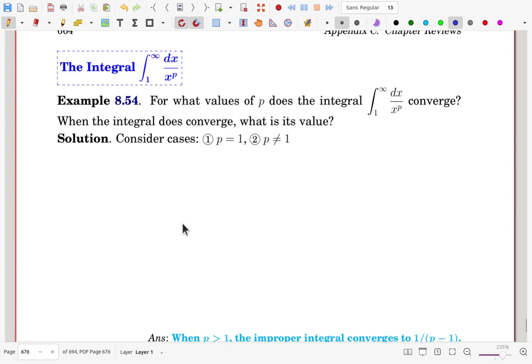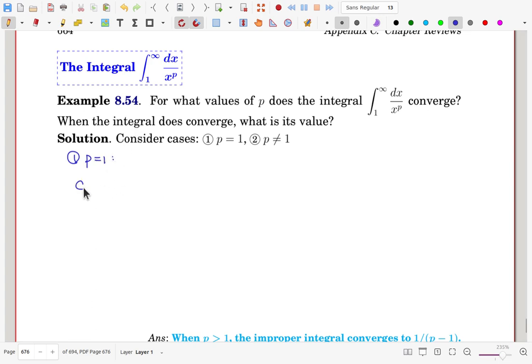Okay, here, for what values of p does the integral converge? As given in this hint, we'll consider two cases: p is 1 and p is not 1. Number 1, p is 1.